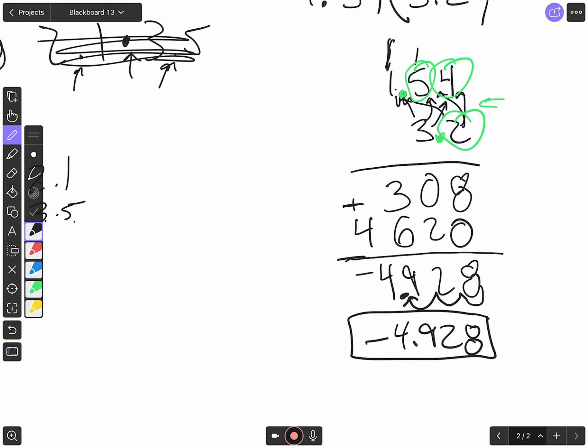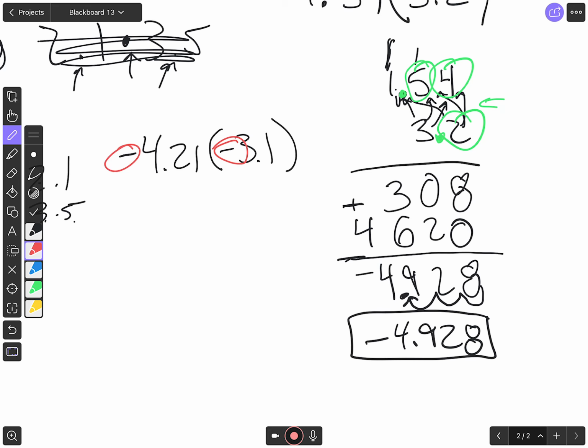Okay, and we're going to do negative 4.21 times negative 3.1. Okay, and we're going to do just a similar thing. Now, first off, all I need to think about is I'm multiplying two negatives. If you look here, I've got a negative here and a negative here.